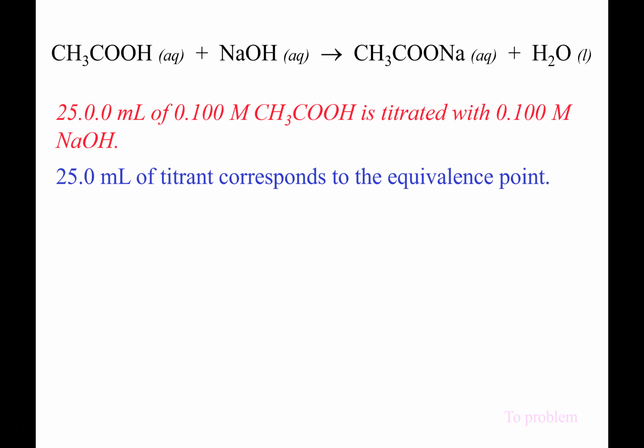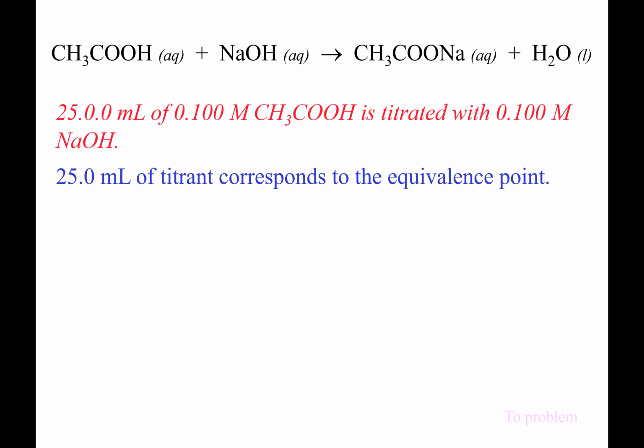So at this point, we're looking at now having 25 milliliters of titrant added, 25 milliliters of the base. And so at that point, we are at the equivalence point. Looking at the chemistry of what's going on, the whole point of being at the equivalence point is all of this is used up.